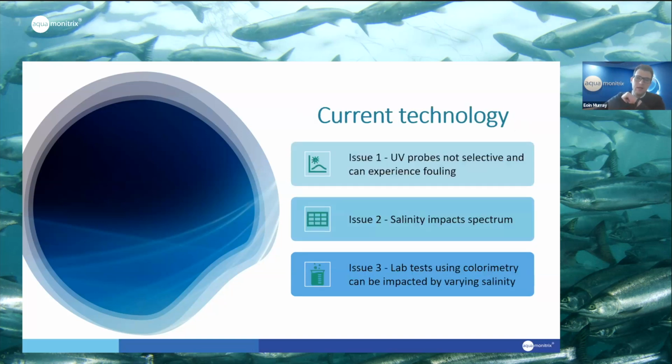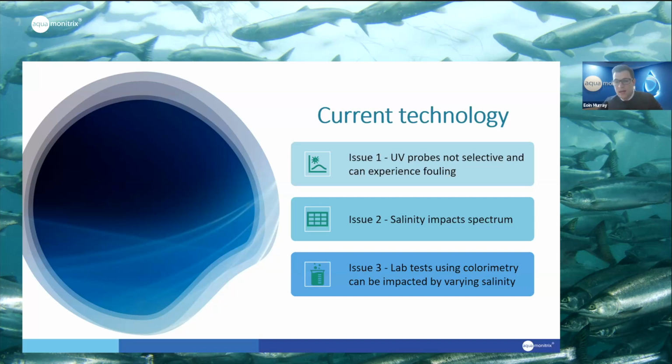So let's have a look at some other competitor technologies and the issues around those systems. There are a lot of various other technologies available, such as ISEs, colorimetric based analyzers, and so on. There's a lot of different strategies available, but really UV probes are often considered a leading analyzer when considering in situ nitrate monitoring.